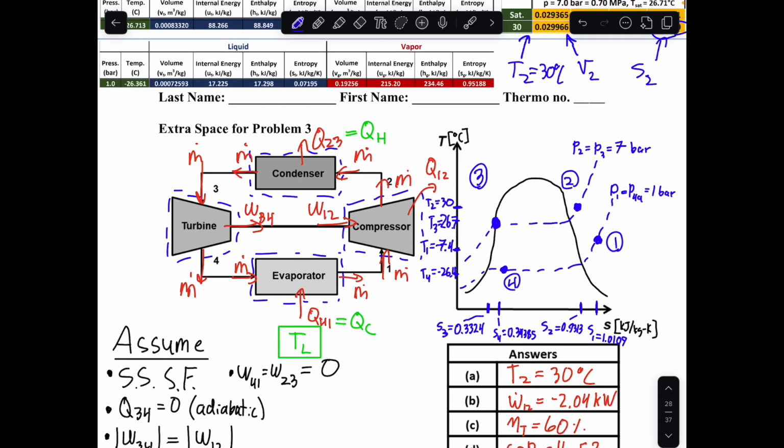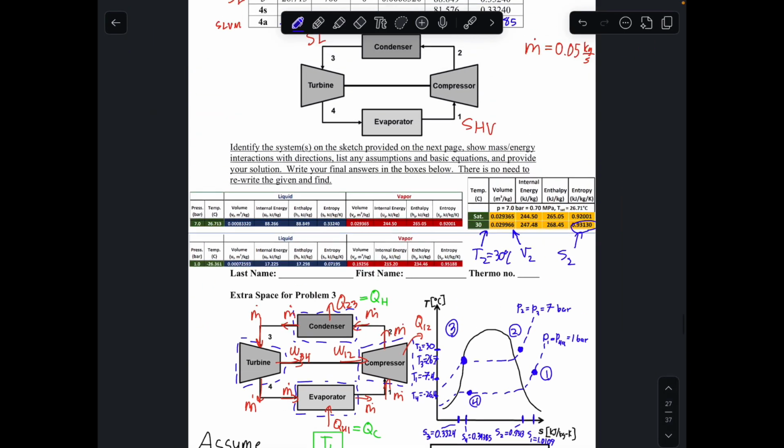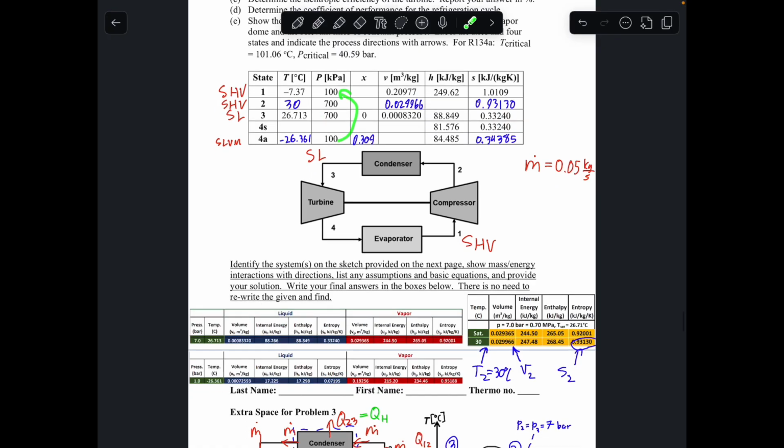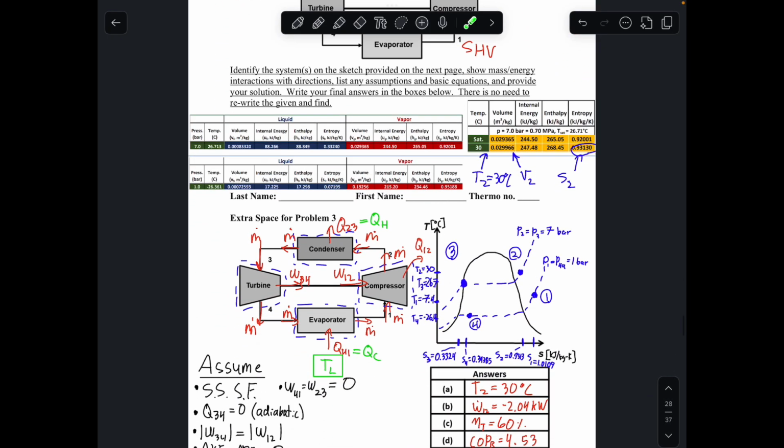So now we just need to connect them. So we know that the processes from 2 to 3 and from 4 back to 1 are both constant pressure processes because we're not changing in pressure here and we're not changing in pressure from here to here, which means that we just go along our isobar lines from 2 to 3 and from 4 to 1.